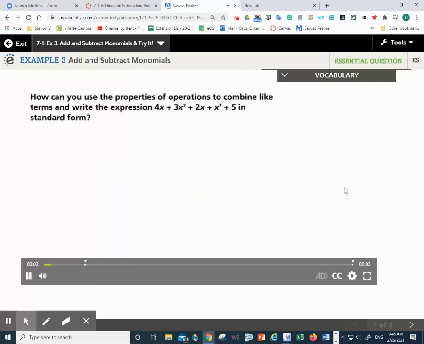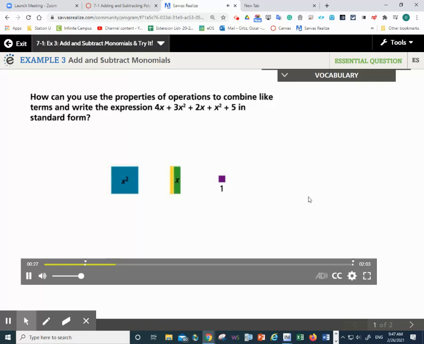How can you use the properties of operations to combine like terms and write the expression 4x plus 3x squared plus 2x plus x squared plus 5 in standard form? So you can use algebra tiles to model the expression. This tile has side lengths x by x, so it represents an area of x squared.